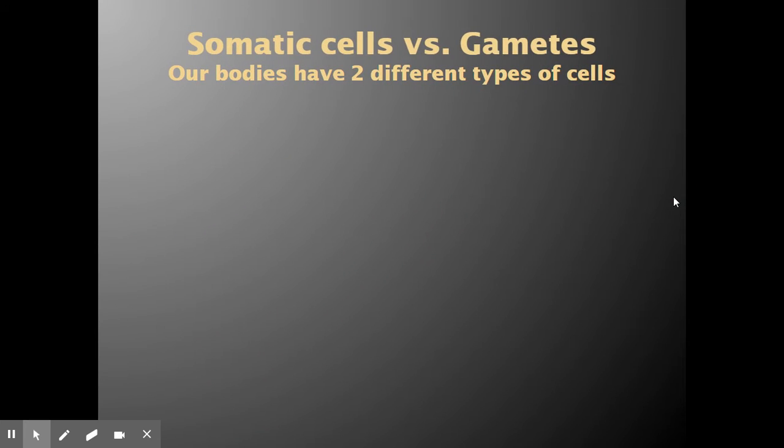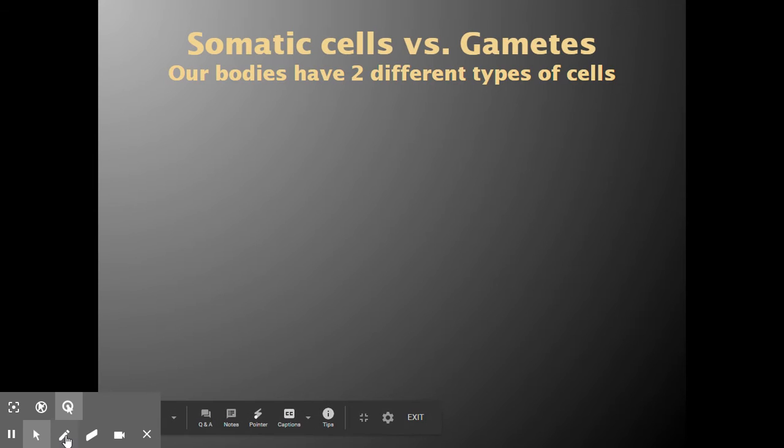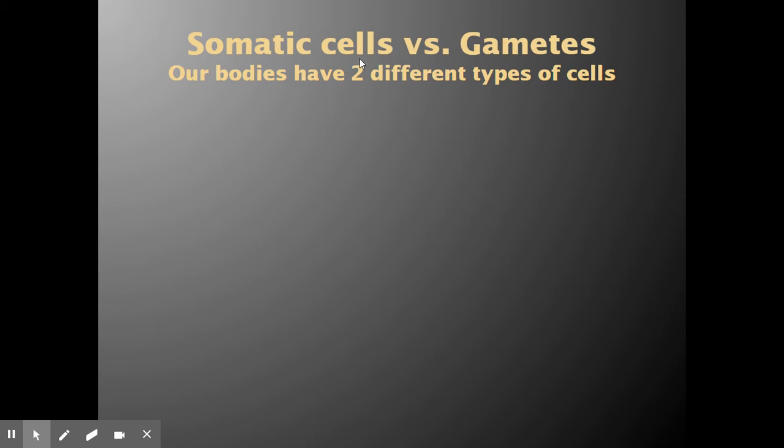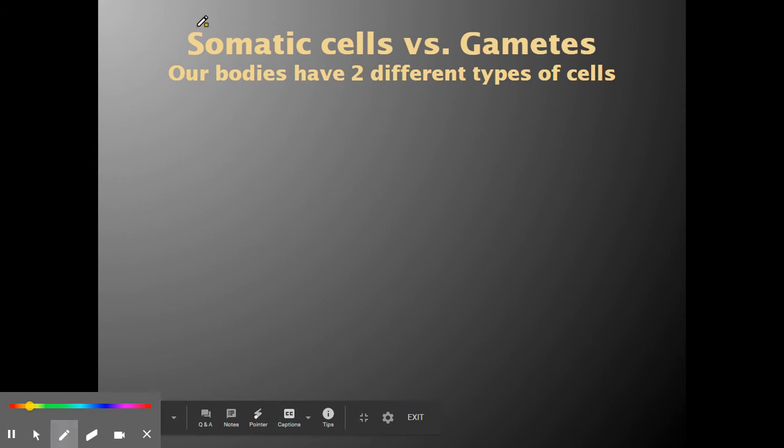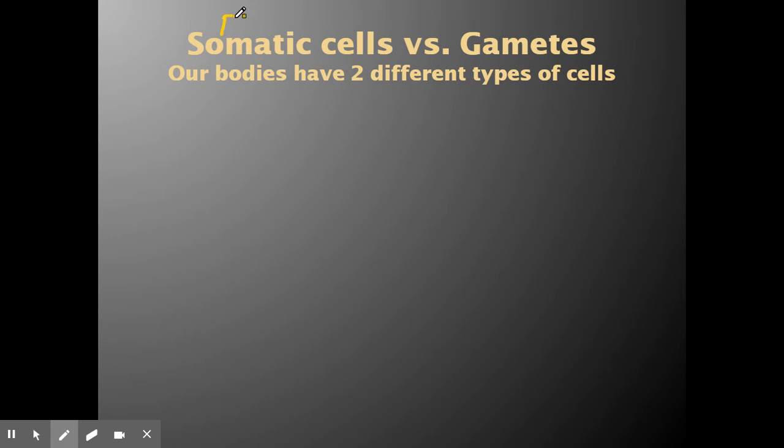So let's start out talking about somatic cells versus gametes. You may not have ever heard of these two before, but basically somatic cells are body cells. These are cells in your body that make up your body. Okay, body cells, similar to skin cells or muscle cells or hair cells, nail cells, stuff like that.